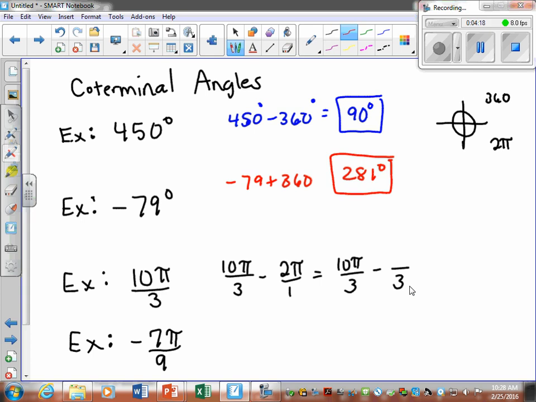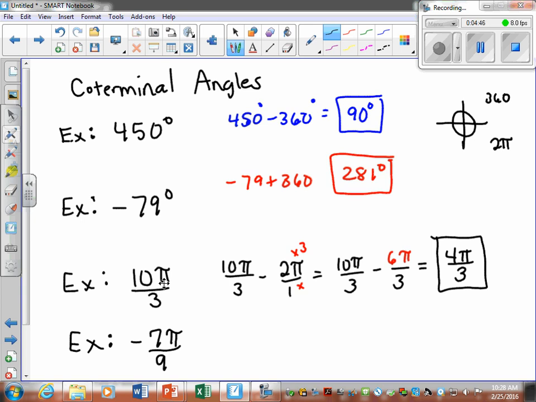Multiply by 3, right? So that means this would be 6 pi over 3. To subtract, have a like denominator, so 10 minus 6 is 4 pi over 3, and 4 pi over 3 is on our unit circle, so we're done. This guy is coterminal to 10 pi over 3.